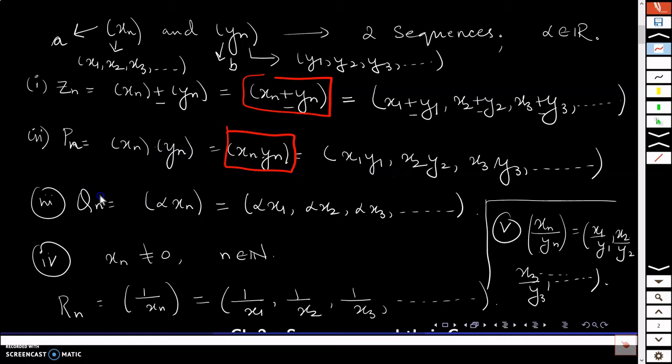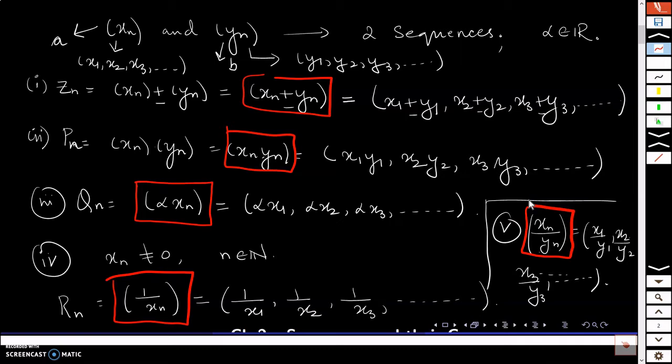Third thing is, if xn is converging to a, where will the sequence alpha xn converge, where alpha is a real number? Next, if xn is converging to a, where will the sequence 1 by xn converge? And if xn is converging to a and yn is converging to b, where will the sequence xn by yn converge? So all these questions now we have to answer.